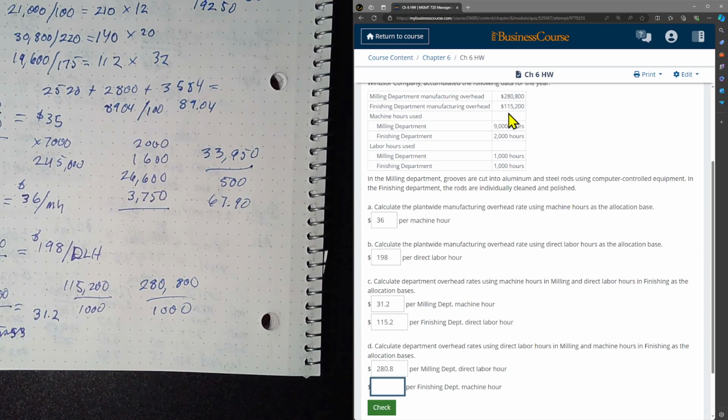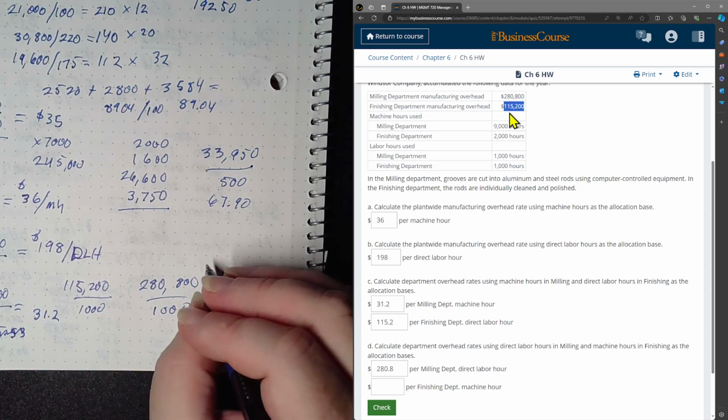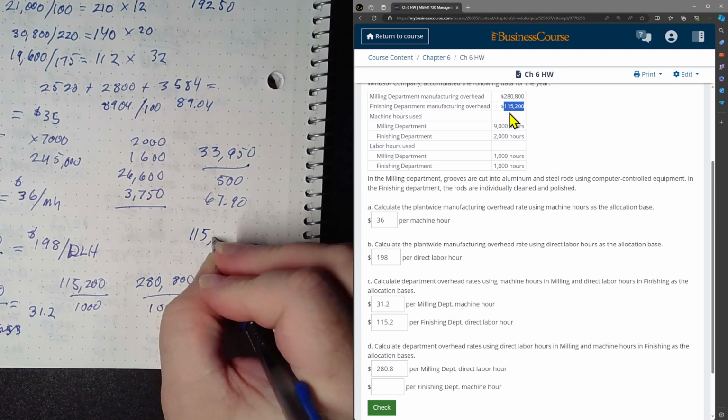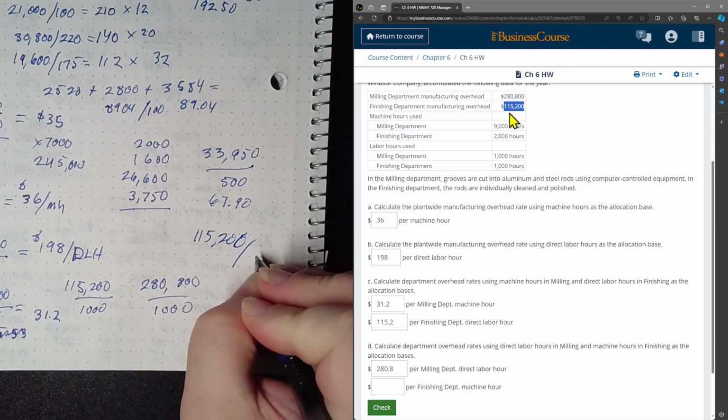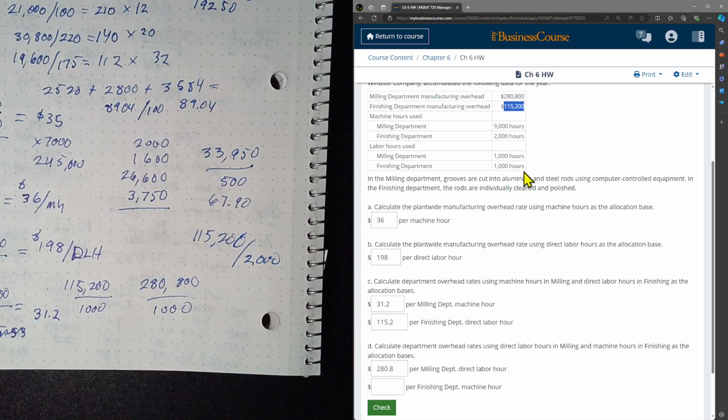And then if we used machine hours for the finishing department, that's 115,200 divided by 2,000 machine hours, which equals 57.6.